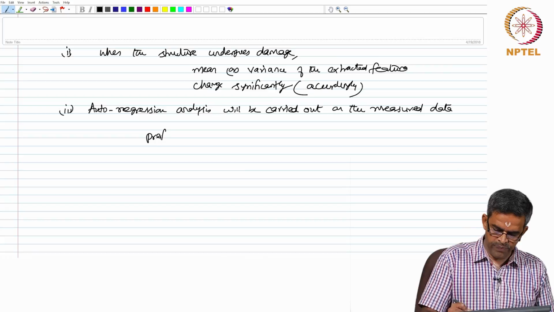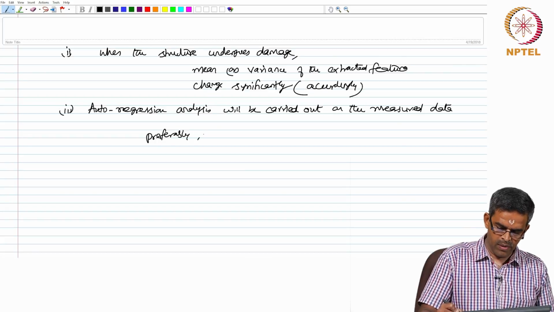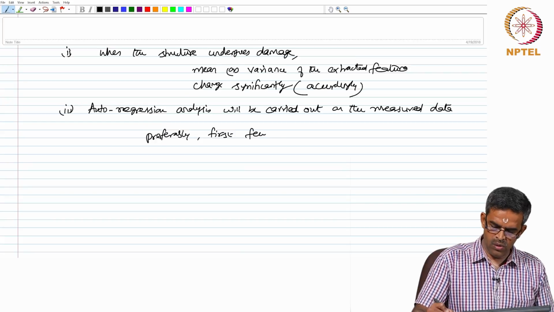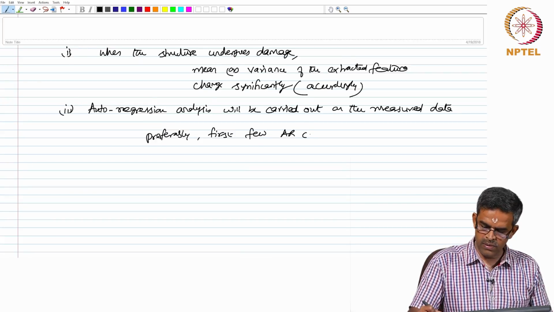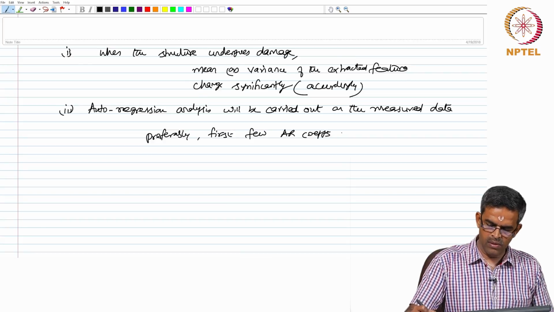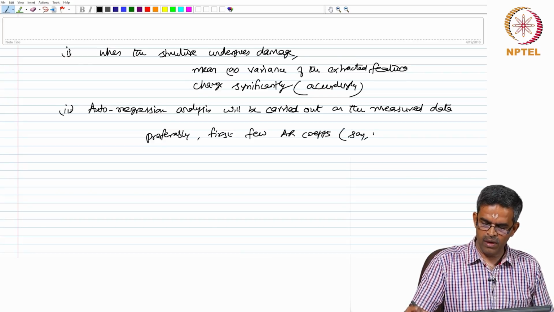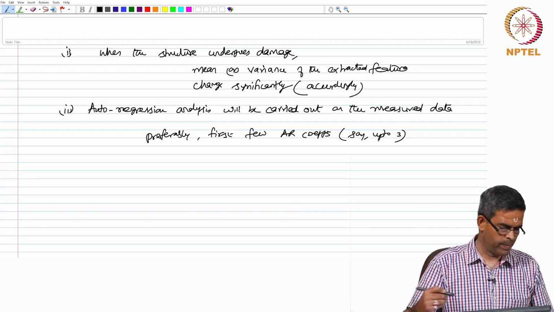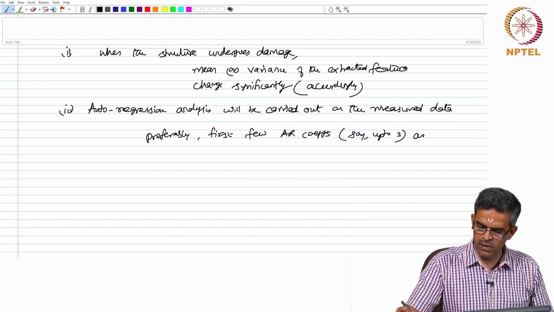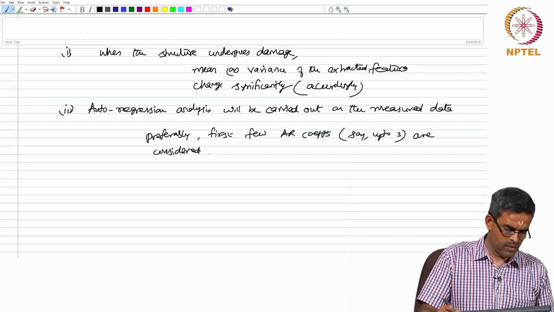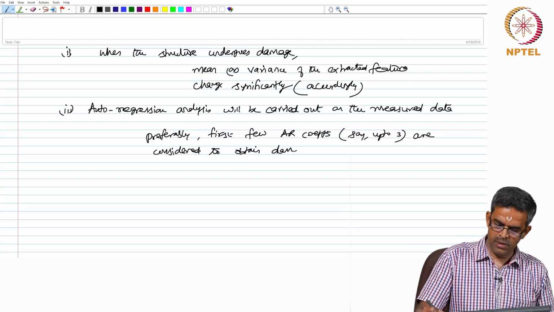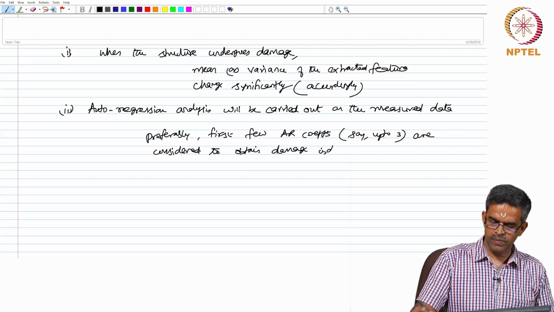Preferably, the first few auto-correlated regression coefficients, say up to 3, are considered to obtain damage indications.